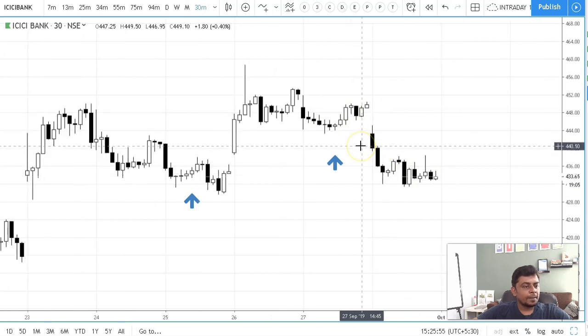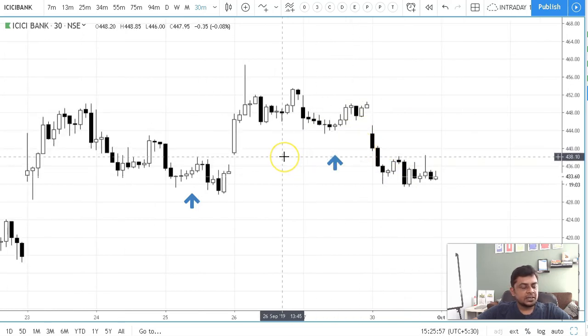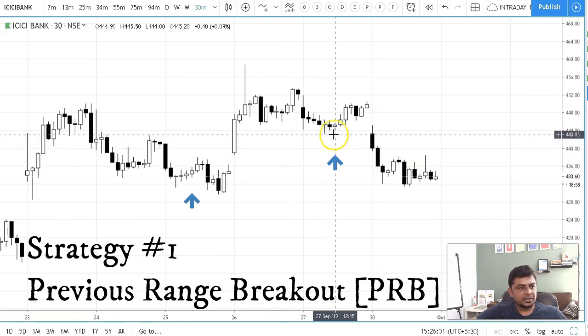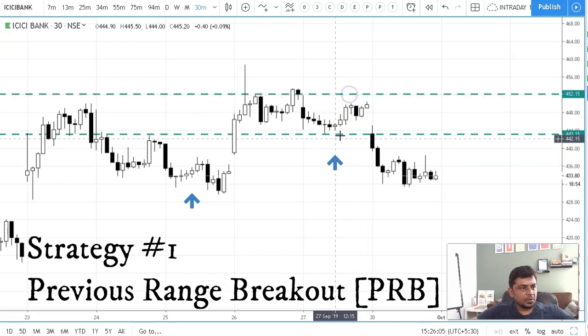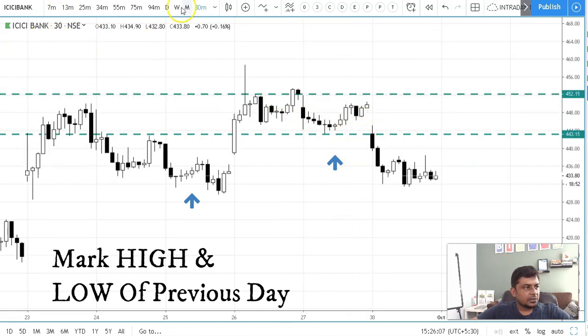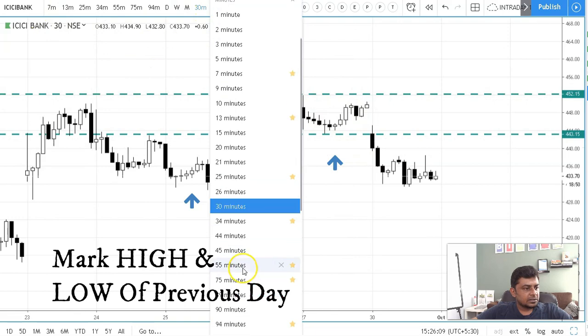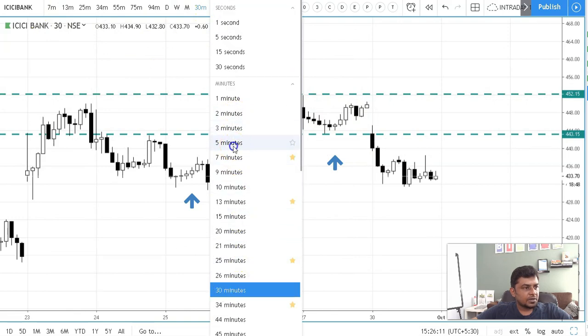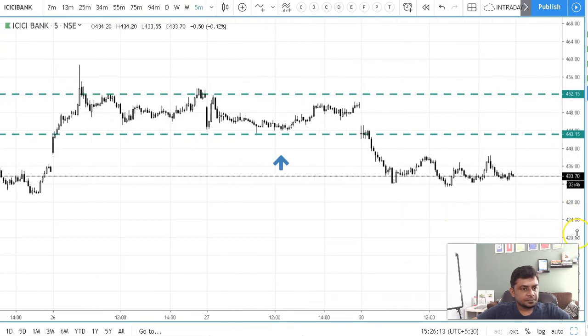So the first strategy, as we saw, is going to be a previous range breakout. What that means is that it is as simple as drawing lines on the previous day, and you're changing your chart to a lower time frame of 5 minutes or 10 minutes.